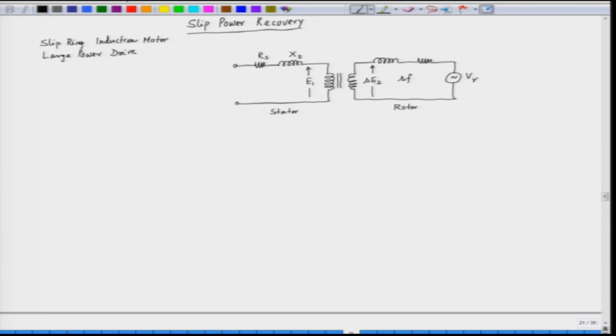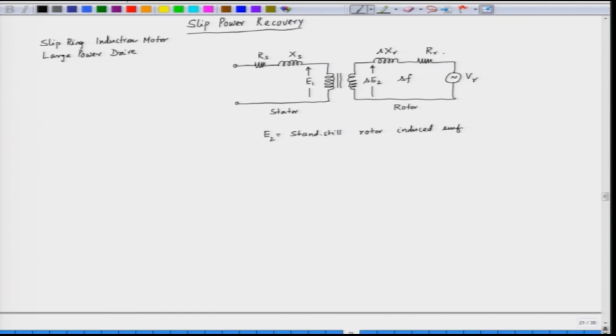E2 is the standstill rotor induced EMF, so S into E2 is the induced EMF of the rotor at any given slip S. The reactance is XR corresponding to the frequency F. Now, the frequency is S into F, so we have the reactance which is S into XR. The rotor resistance is RR.